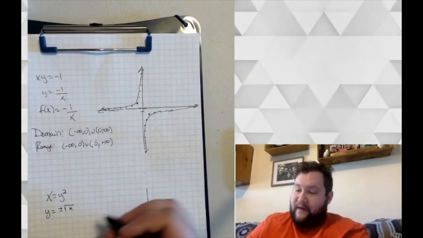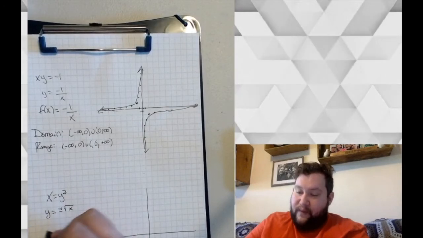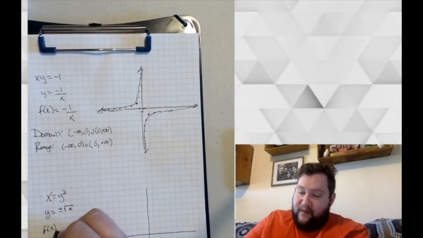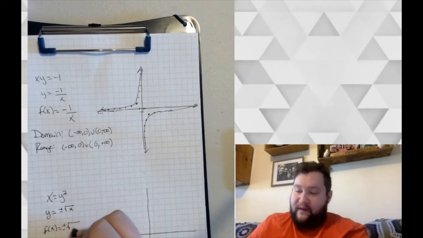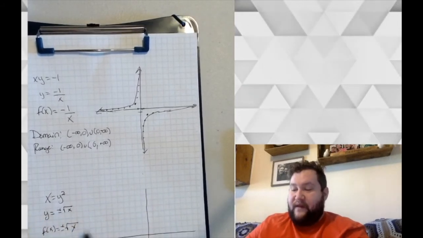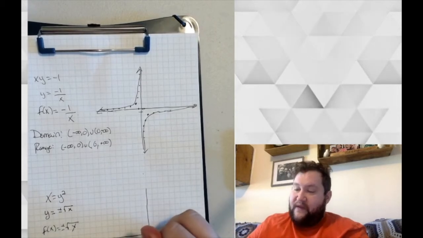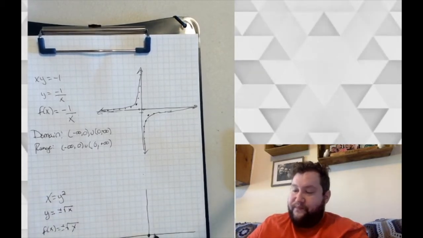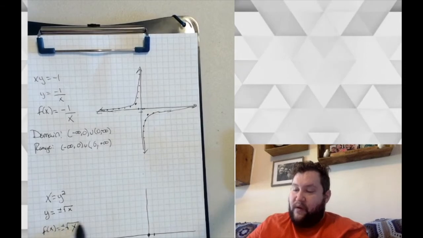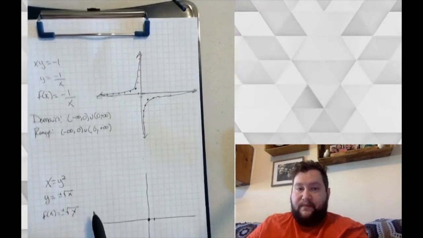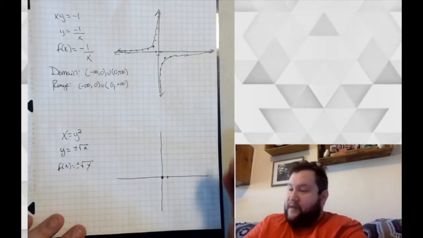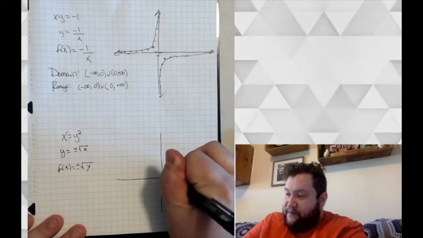And if we rewrite this, f of x equals plus or minus the square root of x. If x is 0, f of x is 0. If x is 1, we get plus or minus the square root of 1. The square root of 1 is 1. So we get plus or minus 1, plus 1, minus 1.